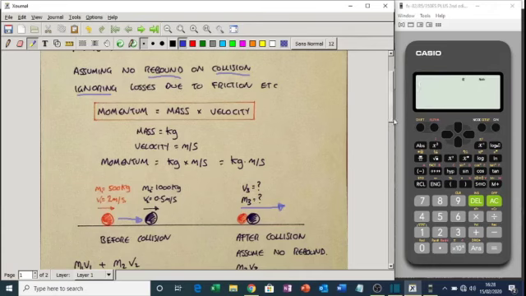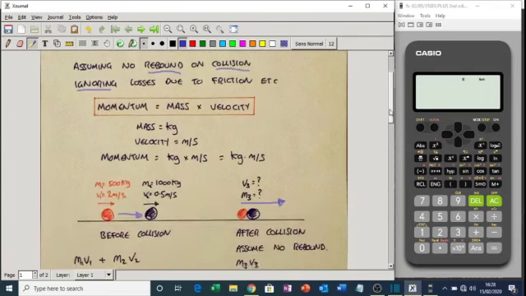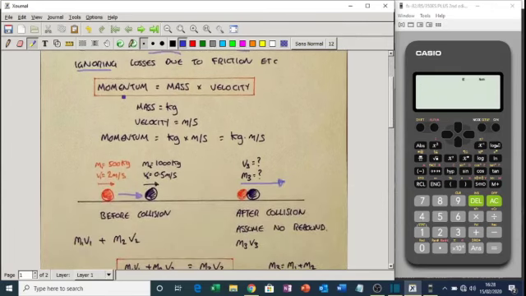Now we're going to use momentum before collision equals momentum after collision. So momentum before, momentum is mass times velocity. So mass times velocity, that would be the momentum of the red ball, and mass times velocity would be the momentum of the blue ball.